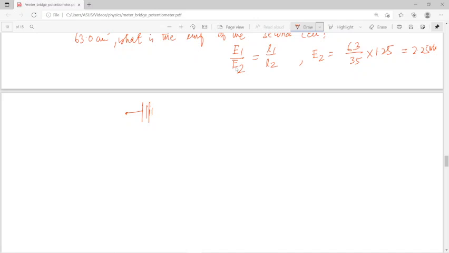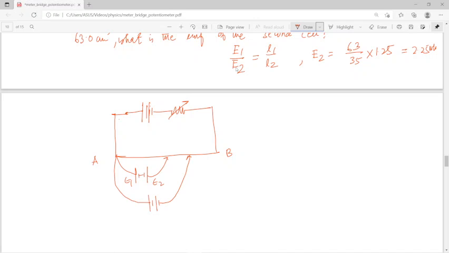It will be given like this is AB, and say this is E1 and E2, that means null points are given.